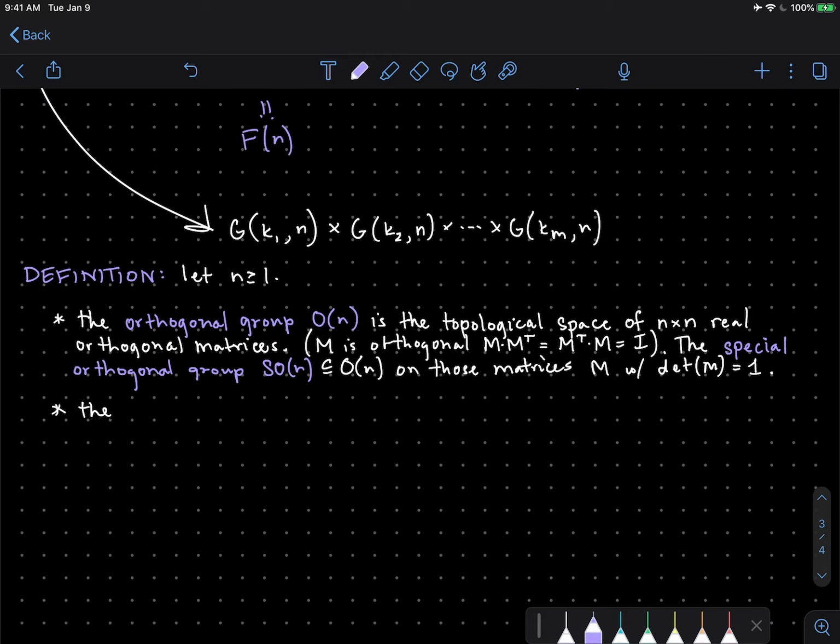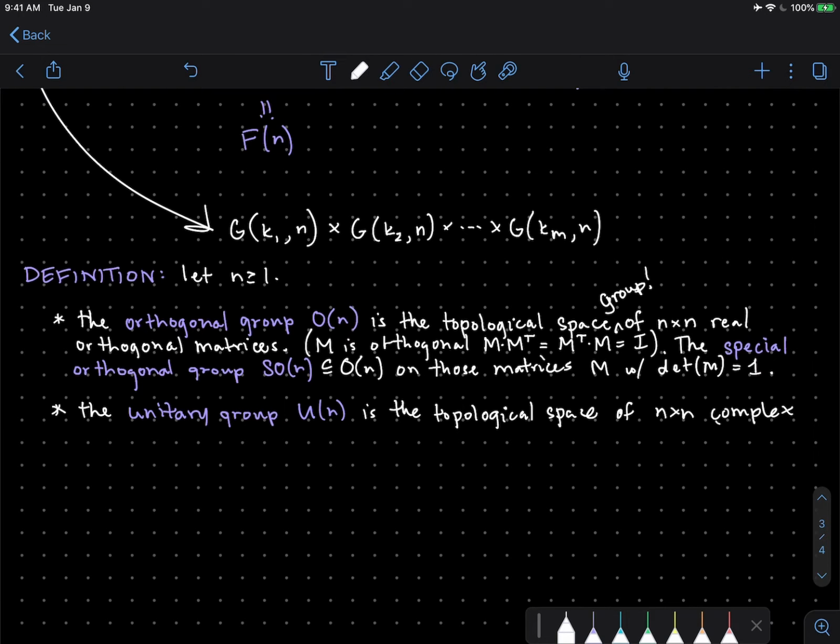So the unitary group U(n) is the topological space, really it's a topological group under matrix multiplication, of n by n complex unitary matrices.